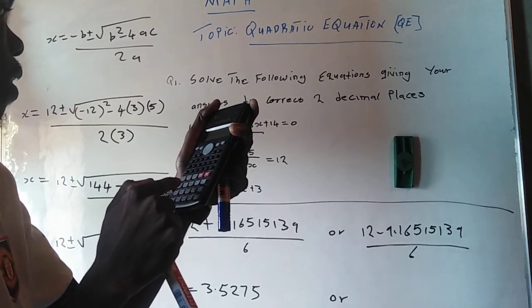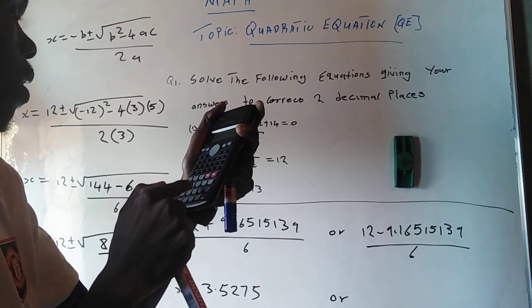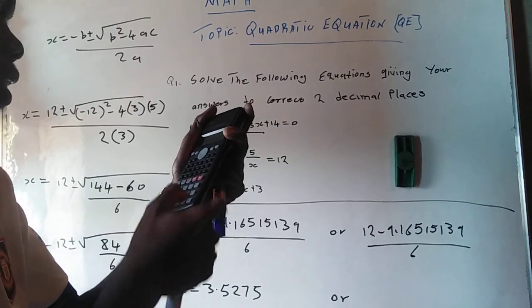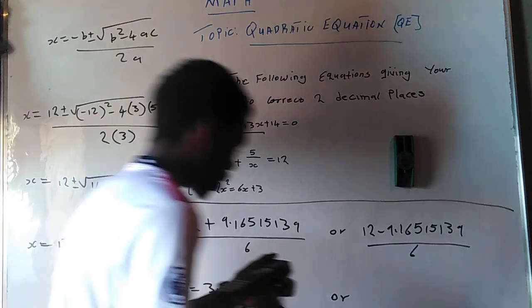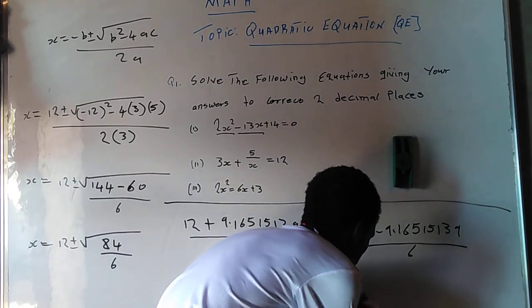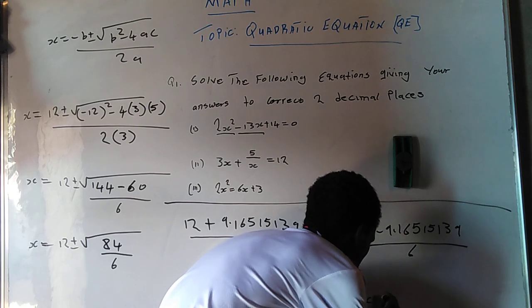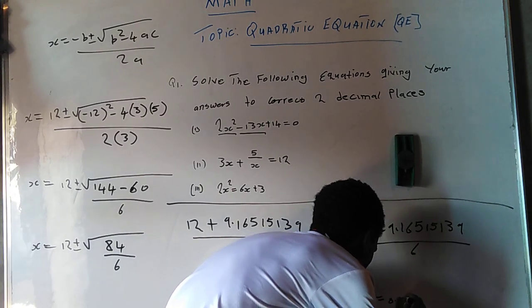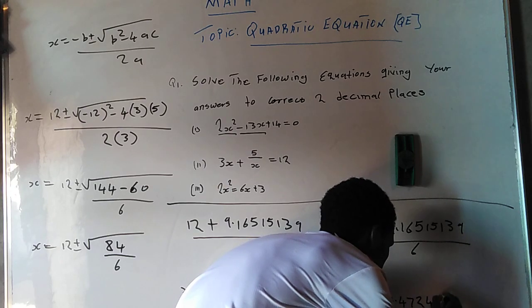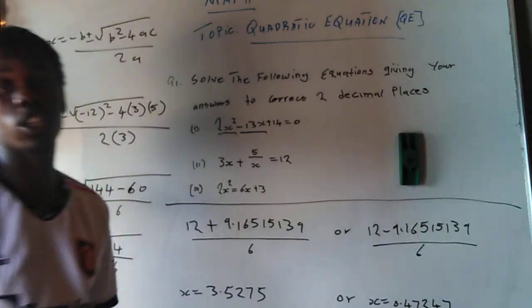Okay, so now remaining with that, 12 minus 9.165, 15,139 divided by 6. So this one is giving me x is equal to 0.47247. So I'll round them off to 2 decimal places.